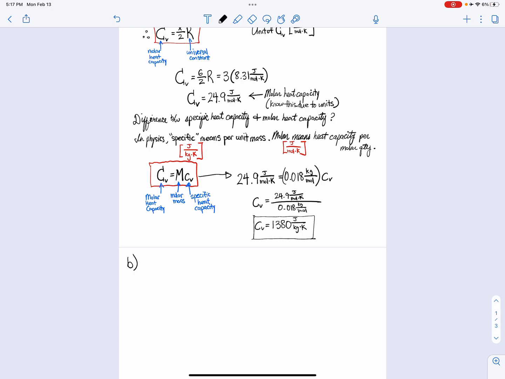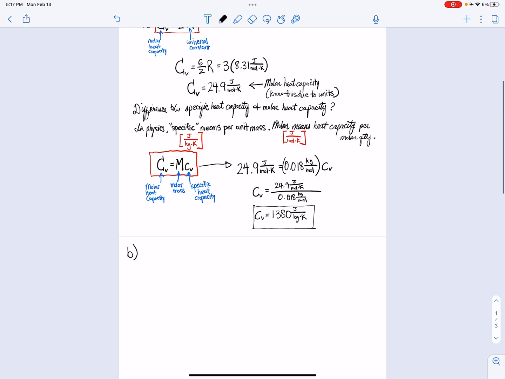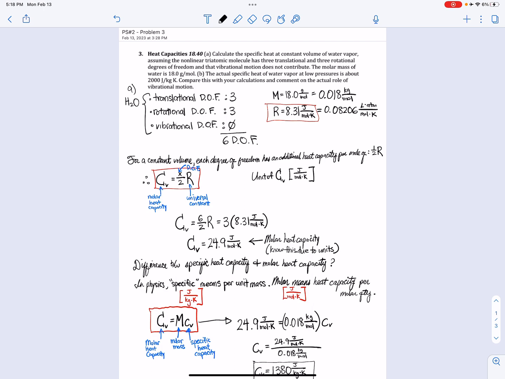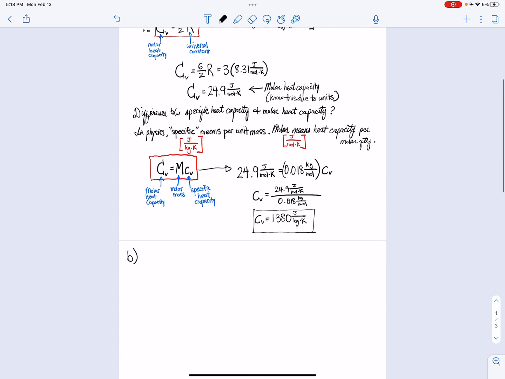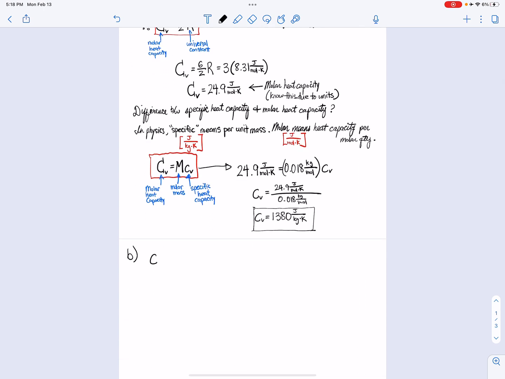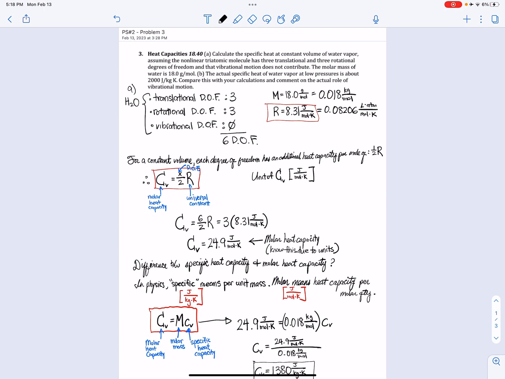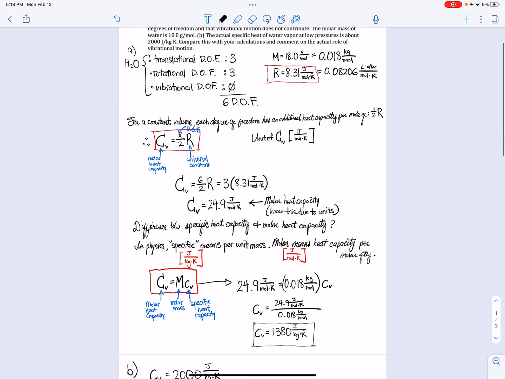So they said that the specific heat of water vapor at lower pressure, tiny c, is actually about 2,000 joules per kilogram times Kelvin. And they wanted me to compare that with my calculations and comment on the role of vibrational motion.